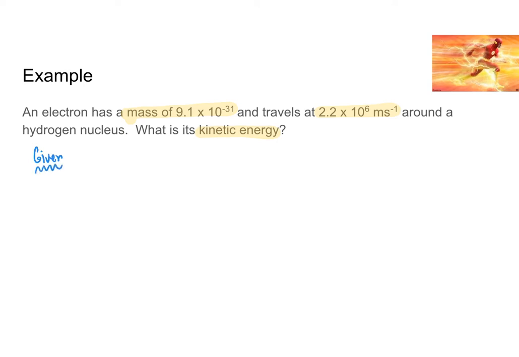So we know that the mass of the electron is 9.1 times 10 to the -31st kilograms, and that its speed v is 2.2 times 10 to the 6th meters per second. You'll notice I represent it a little bit differently here. Just remember, m s to the -1 is the same thing as saying meters per second.